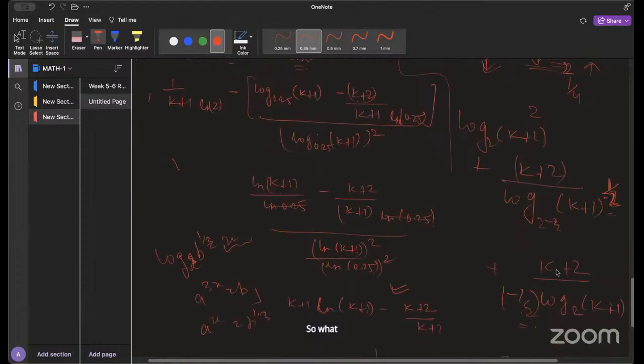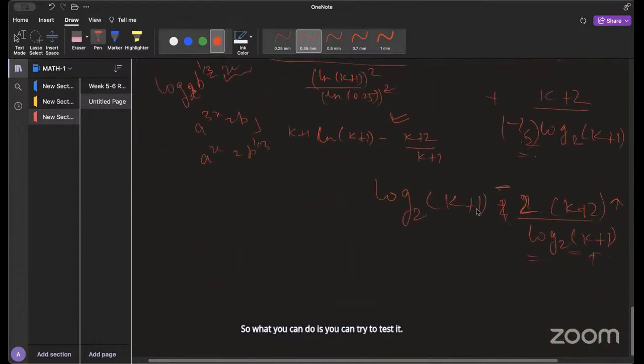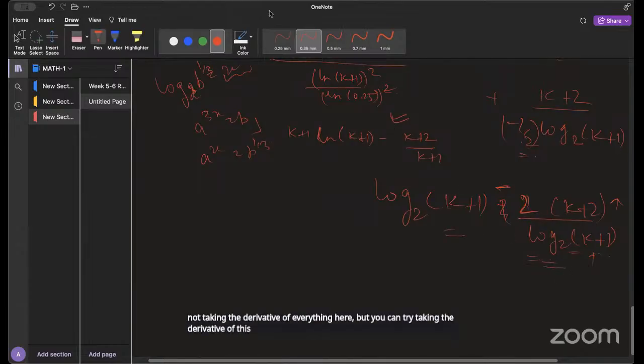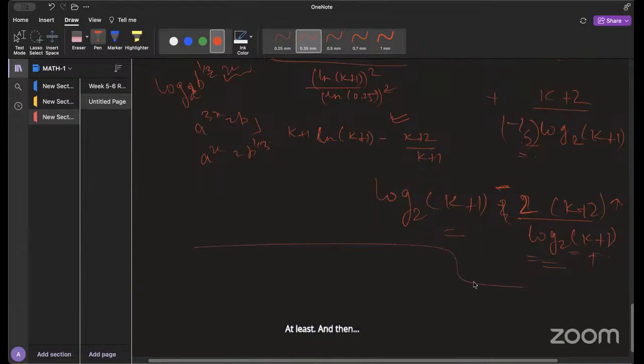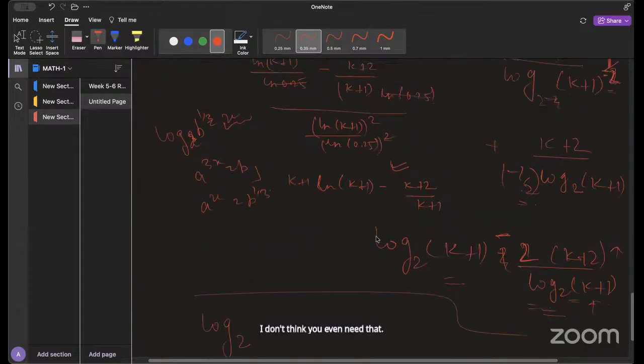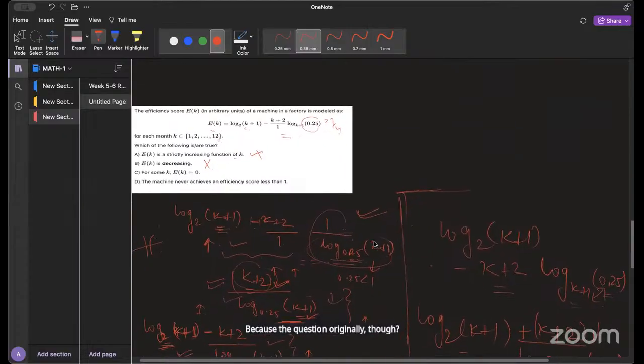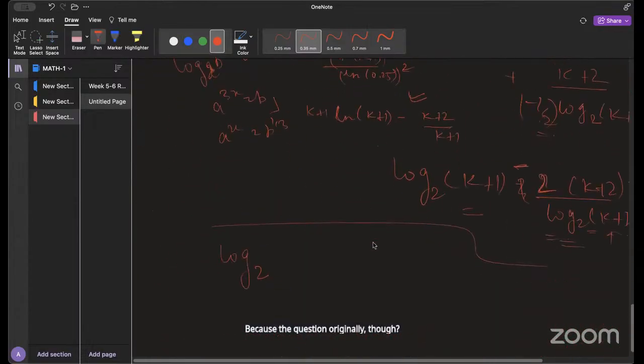So what you can do is you can try to test it, not taking the derivative of everything here, but you can try taking the derivative of this one at least. Or I don't think you even need that. What was the question originally though? An increasing or a decreasing function, right?